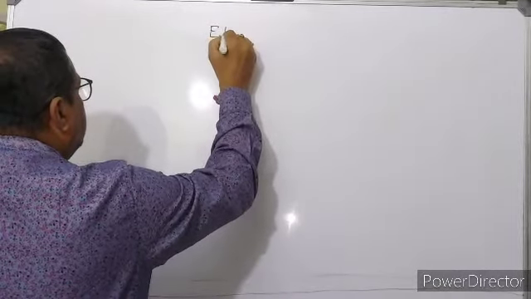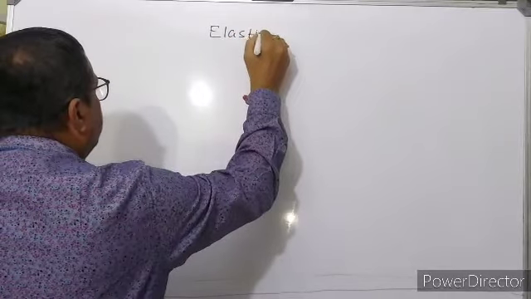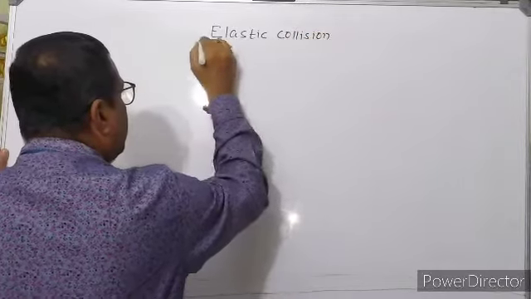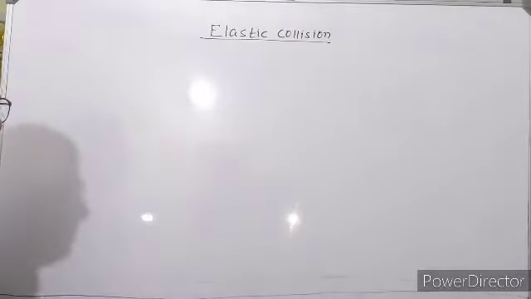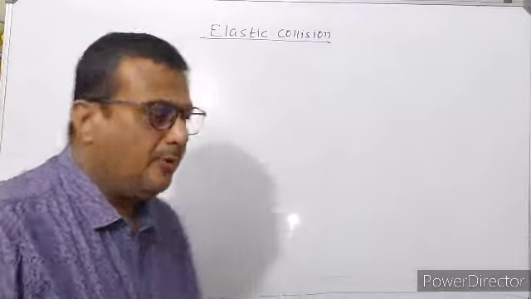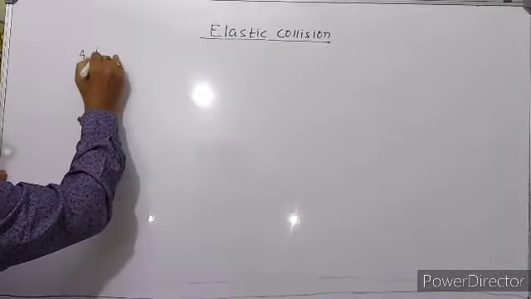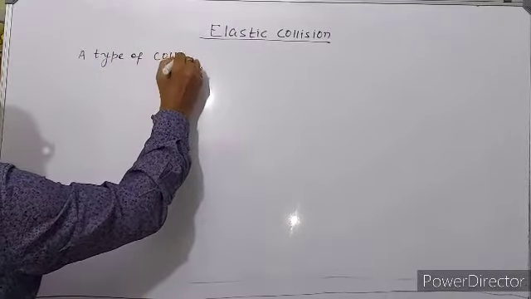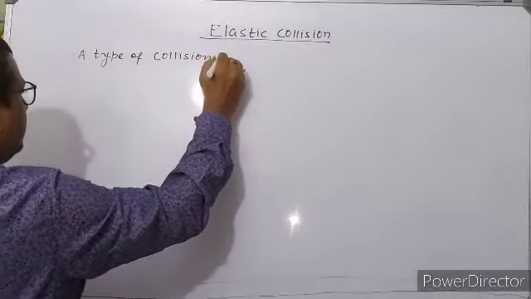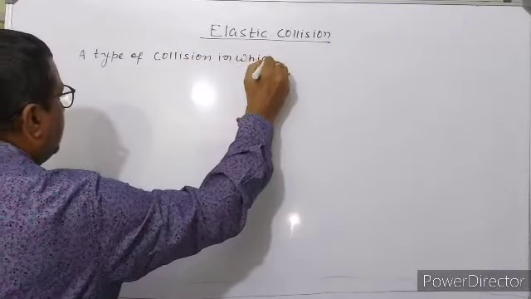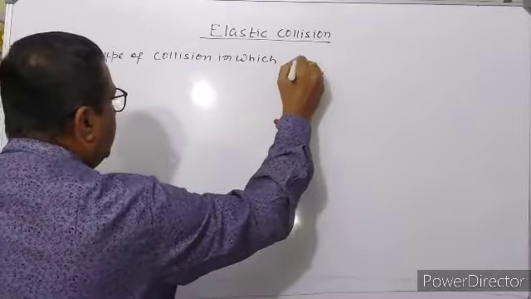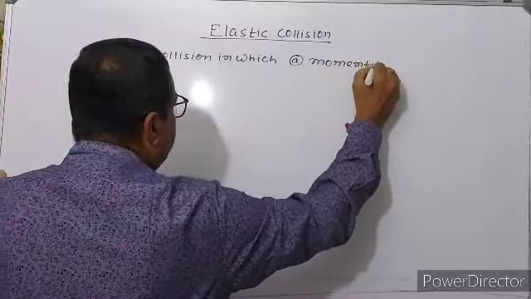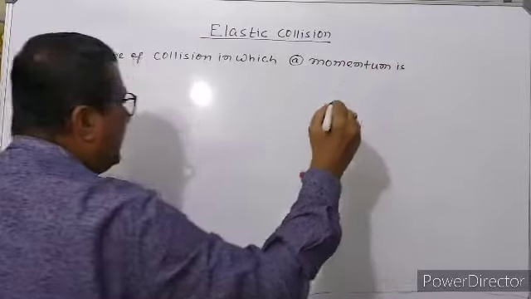Elastic collision is a type of collision in which, number one, momentum is conserved.